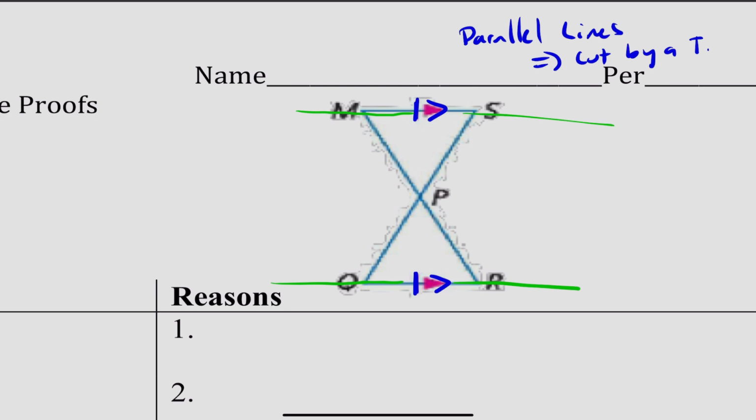So that means that this angle here is congruent to this angle here, okay, by the alternate interior angles.